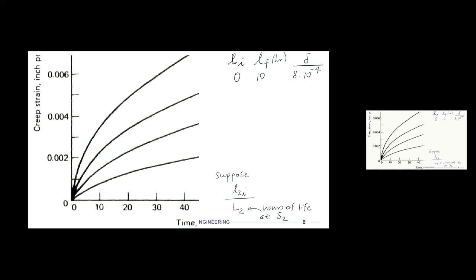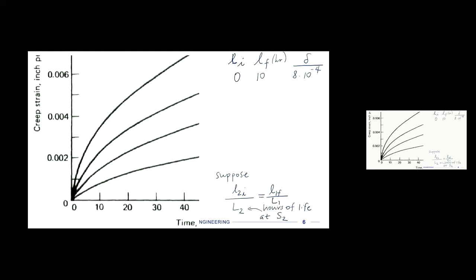That's how long we could possibly hold this thing. So that's why I said I had to fit these curves to logarithmic functions to get that. And so we say, suppose this ratio is equal to the first, where we ended our first time, because this is a history-dependent thing, divided by the hours of life we could get at the first stress level. So basically, we're going to provide continuity through this ratio. So that's the life that we are taking into consideration.